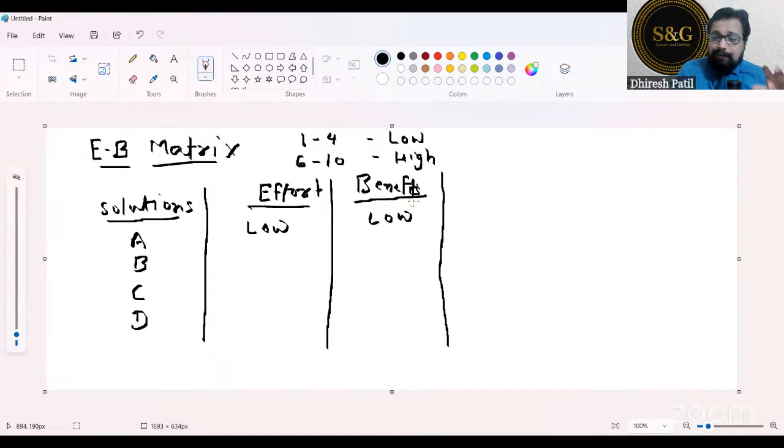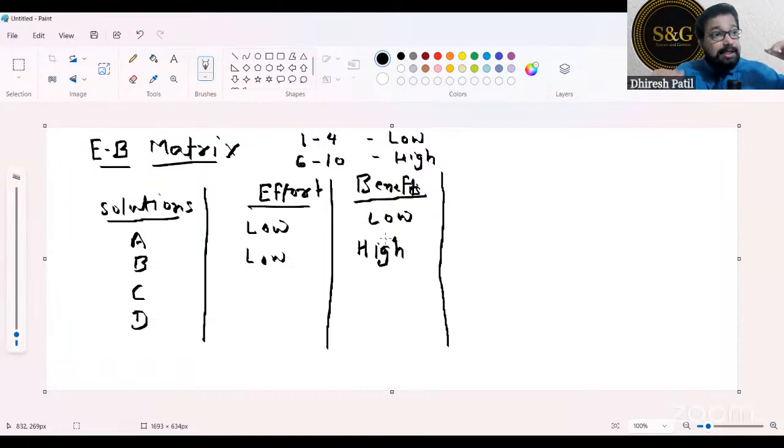Now there would be some solutions which will be low effort and high benefit. So low effort and high benefit meaning the effort is very low, but the benefit is very high.